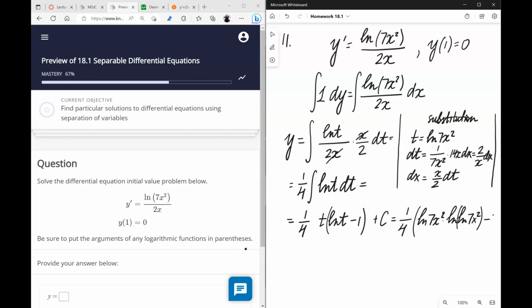So here I'm going to write ln of that and put parentheses here, but then I don't need this parentheses. And all of that is plus c.